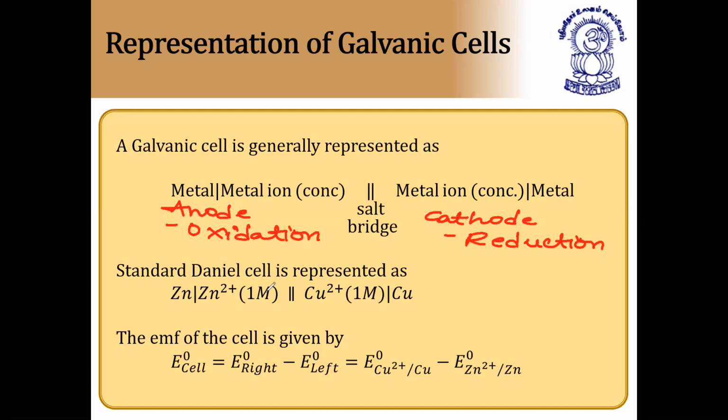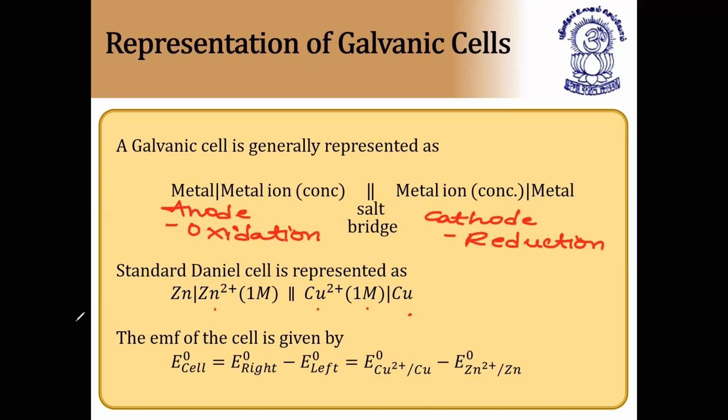For example, in the previous reaction, zinc is undergoing oxidation and copper ions are undergoing reduction. So we can write zinc, zinc ions 1 molar solution, salt bridge, copper ions 1 molar solution, copper. The single vertical line represents changes to. So zinc changing to zinc ions, 1 molarity concentration, salt bridge, copper ions changes to copper metal.